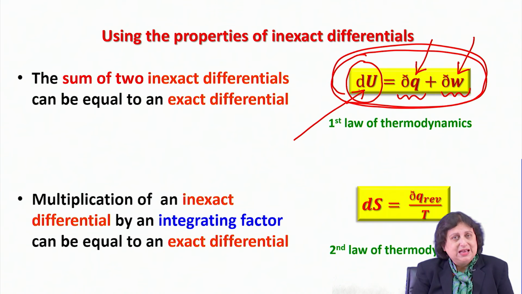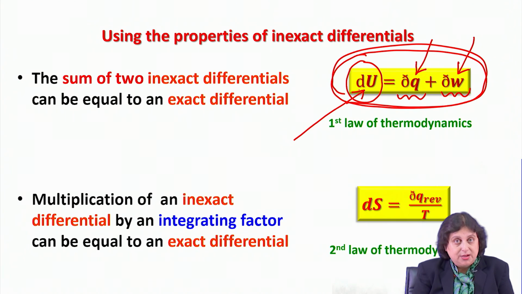immediately an inquisitive student would ask, is this mathematically feasible? You have on the left-hand side an exact differential, and on the right-hand side differentials of two quantities which appear only during the change in state across the wall separating the system and the surrounding, and they do not have any meaning as far as the definition of the equilibrium state of the system is concerned.